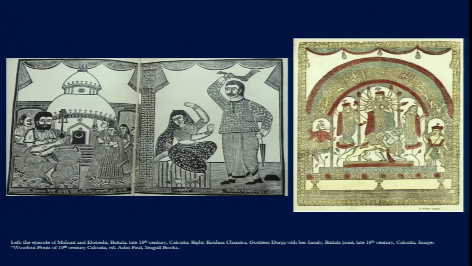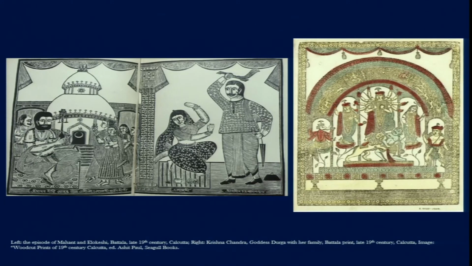And on the right side of the screen we have an image of the very celebrated family of Devi Durga, and in this one as well we see how this elaborately made wood engraving is printed onto this paper, and then how the stencil is used for adding colors to them.